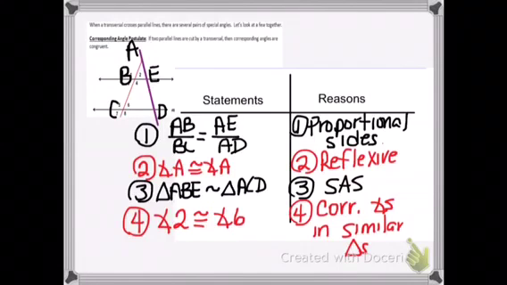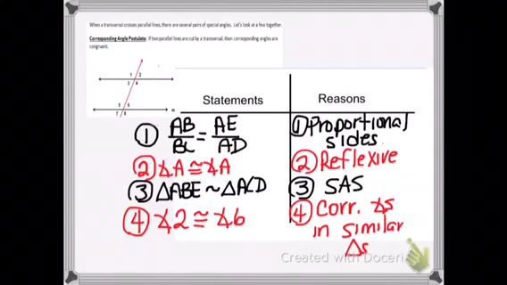So if I take away my triangles and I look at my original picture, what I've done is I've stated that angle 2 is congruent to angle 6, and they're both in the upper right hand side on the parallel lines, and they're called corresponding.